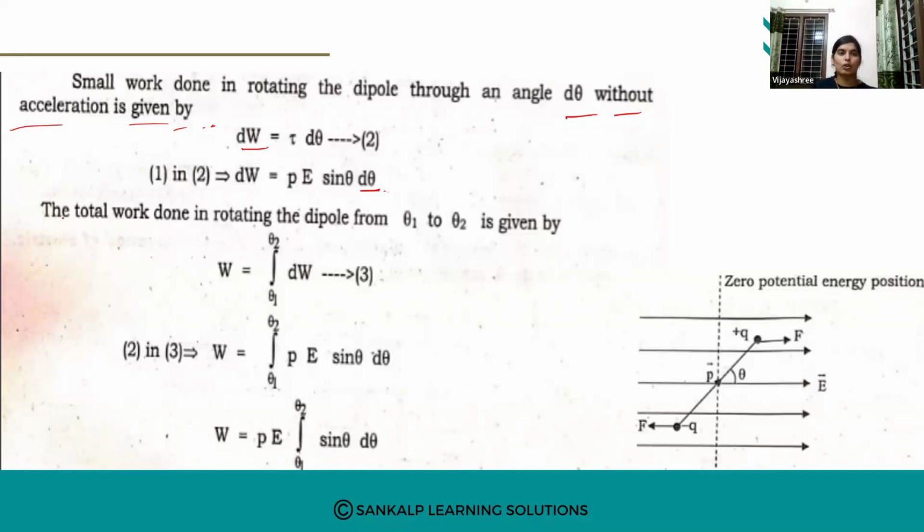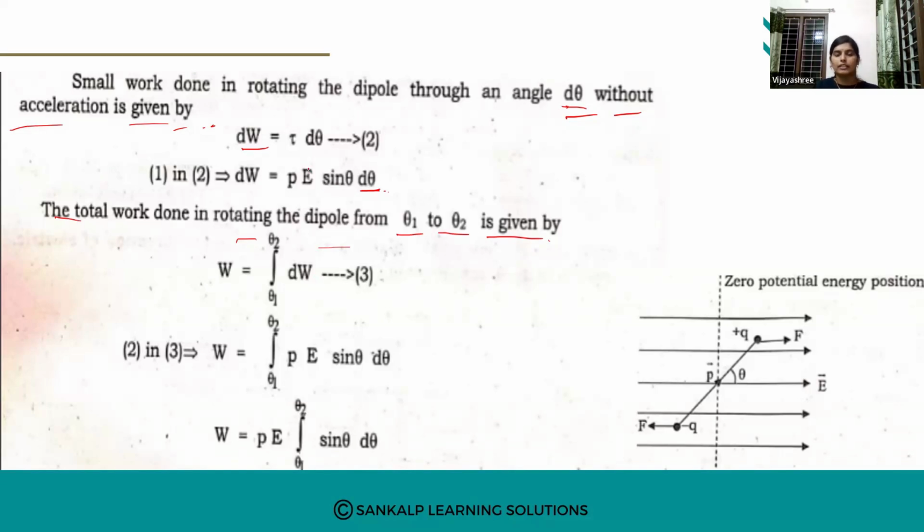So now the total amount of work done in rotating the dipole from theta 1 to theta 2 is given by, to rotate through a small angle d theta the work done will be dW. So total work done is equal to the integration of dW.